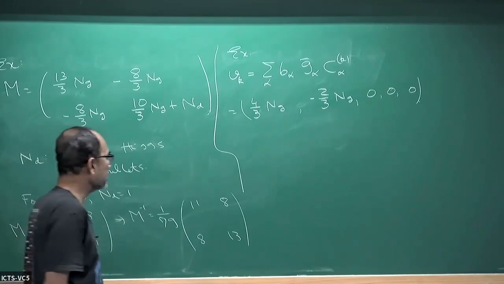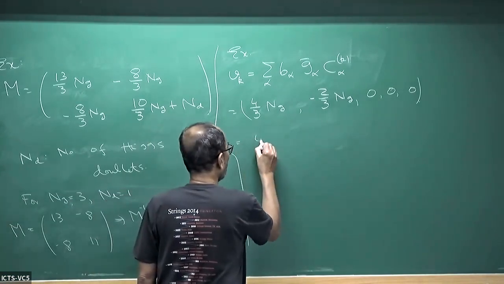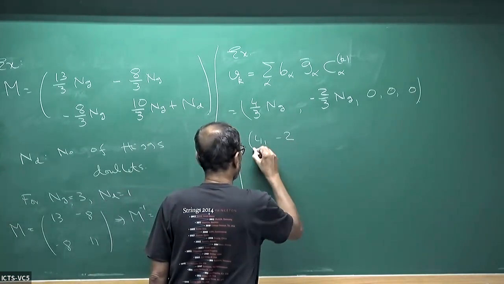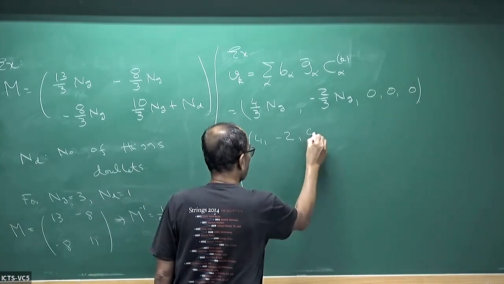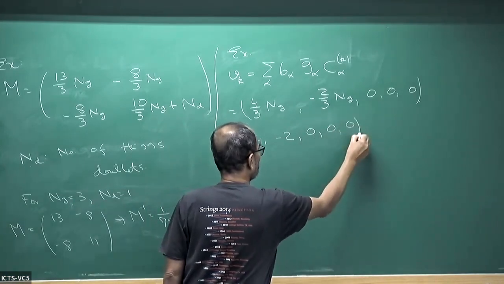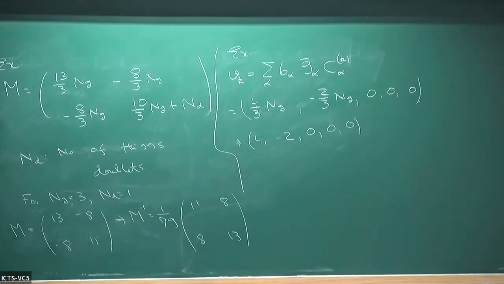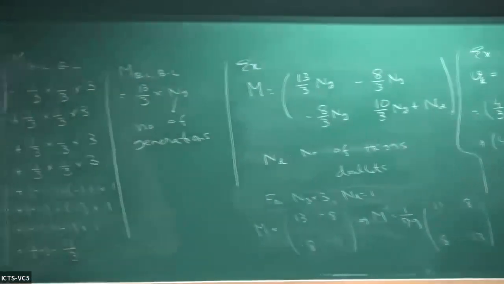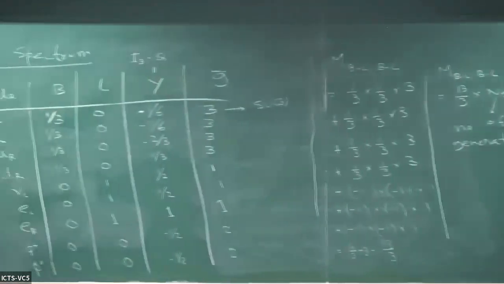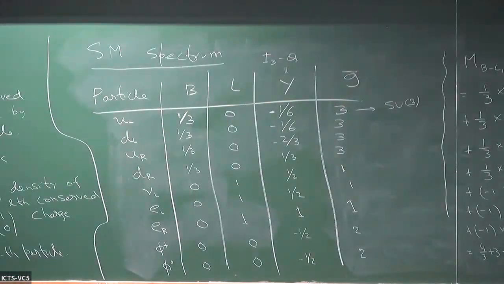So for us this will be 4 minus 2 and 0, 0, 0. I think I can erase this now, and we will be using those formulae.